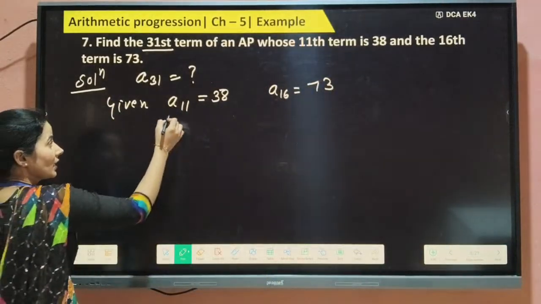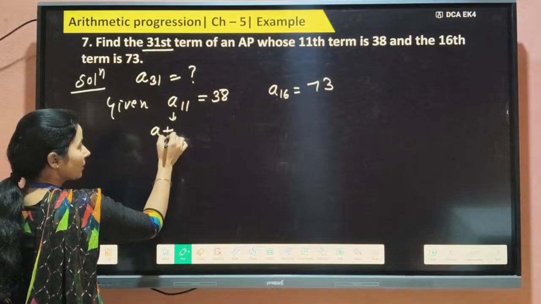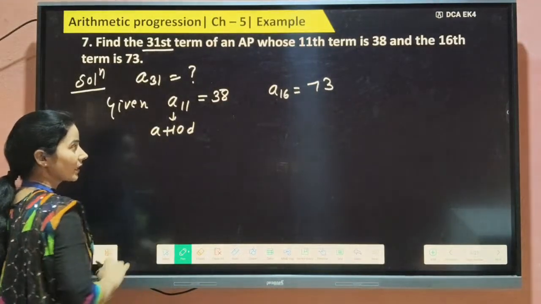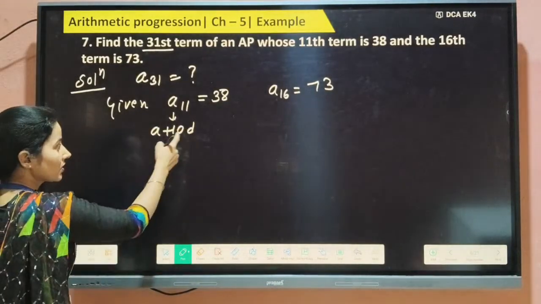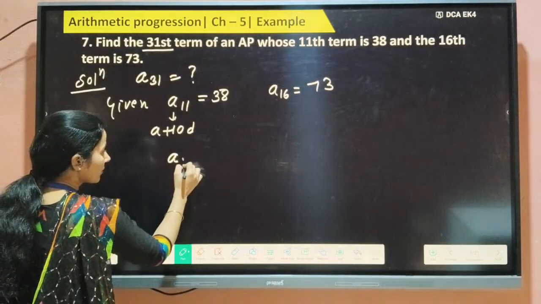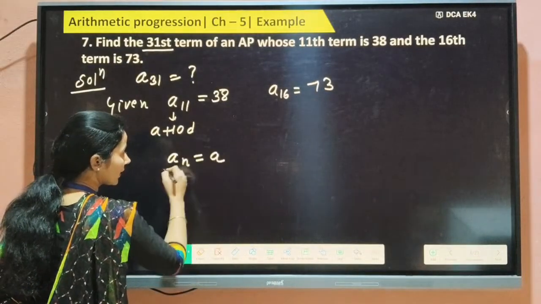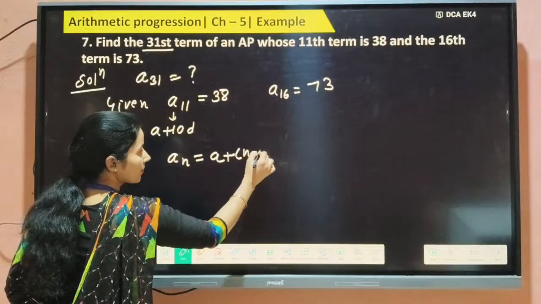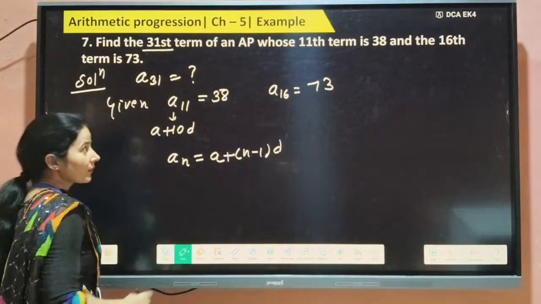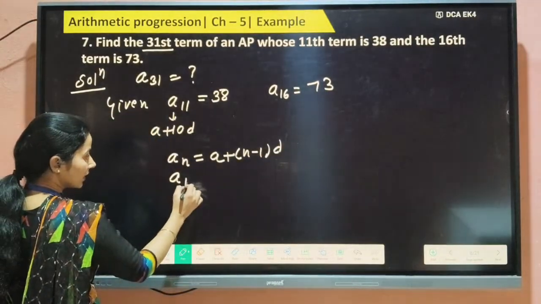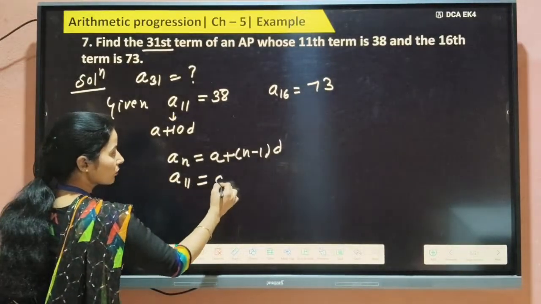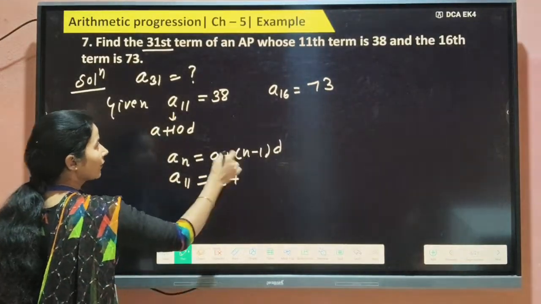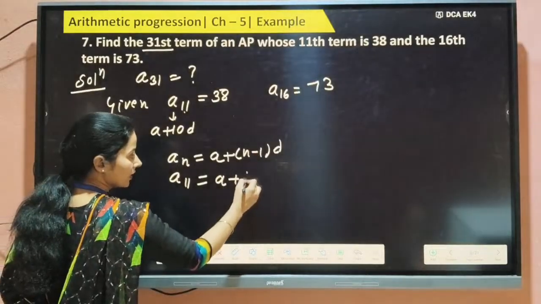Now see, A11 is a plus 10d. We can write A11 as a plus 10d, like the nth term an equals a plus n minus 1 into d, and it is the 11th term. A11 equals a plus, n value is 11, 11 minus 1, 10d.